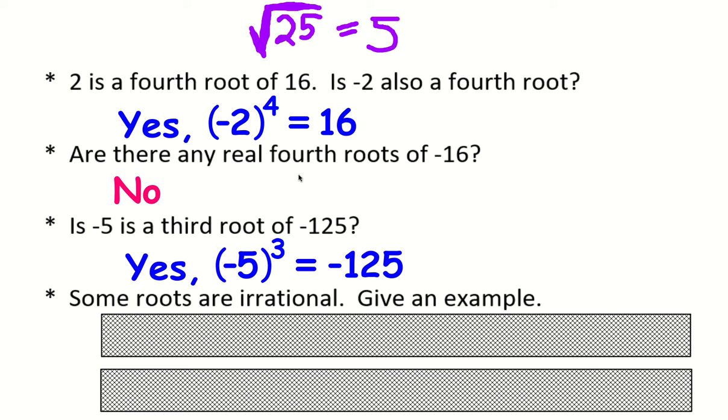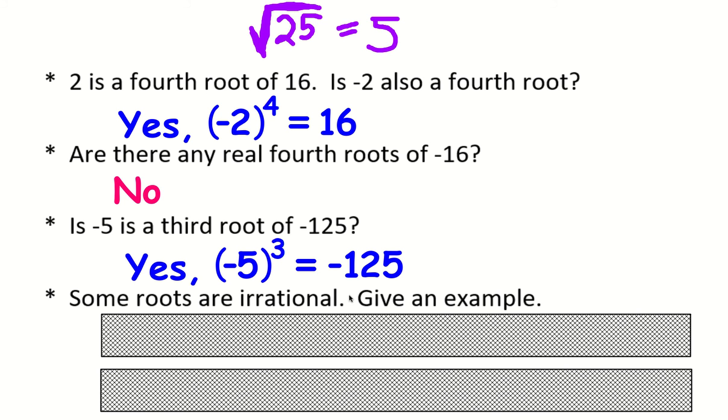Because it's an even-odd thing. You cannot do even roots, 4th roots, 2nd roots, 6th roots of negative numbers. But it totally makes sense to have a 3rd root of negative 125, because negative 5 to the 3rd power is in fact negative 125.